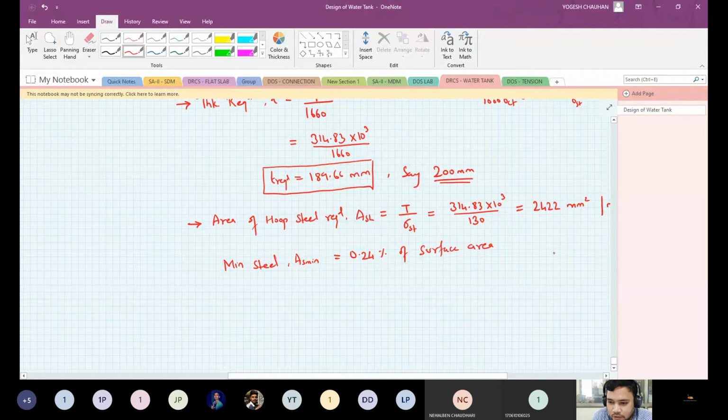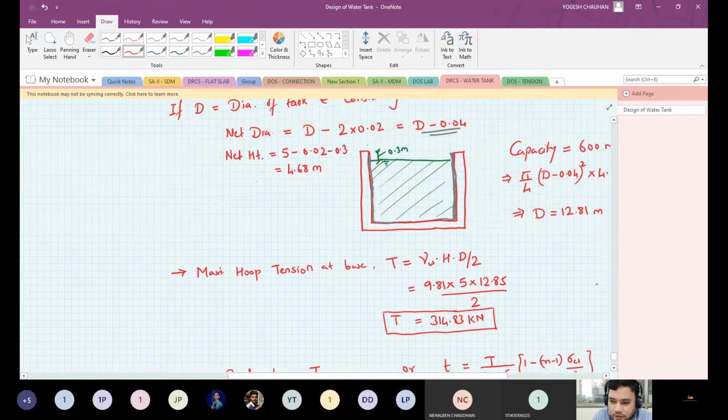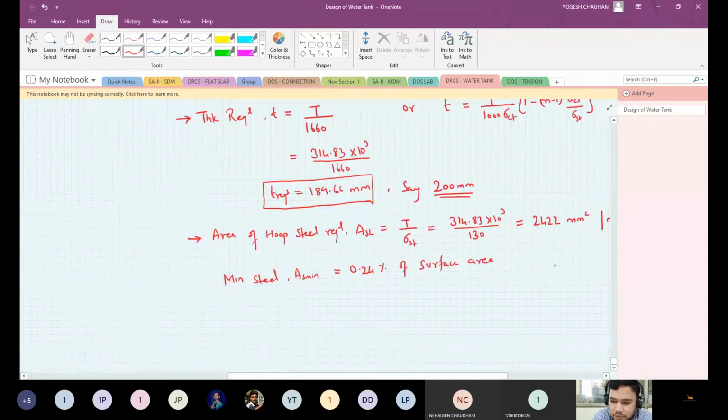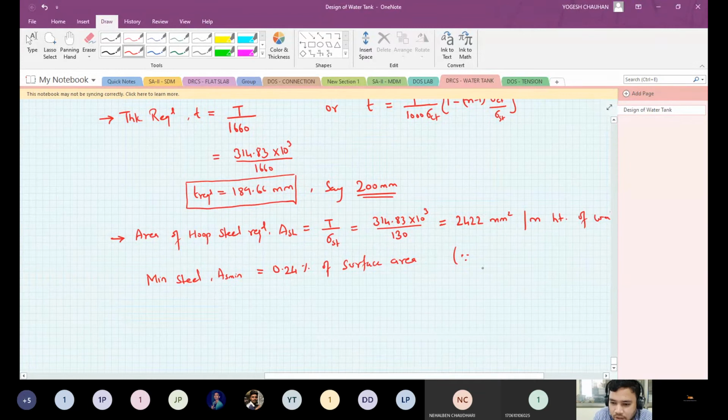Here, 0.35 is for the largest dimension more than 15 meters. But here our largest dimension D is 12.85 meter, which is less than 15 meter. Okay.